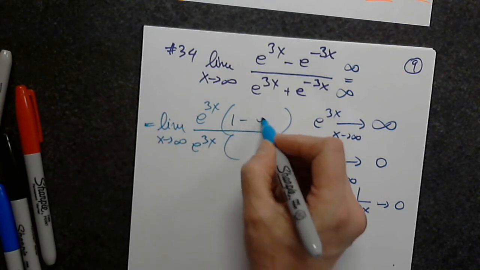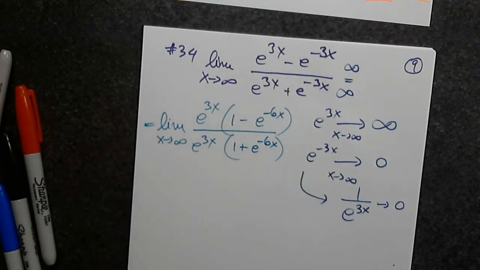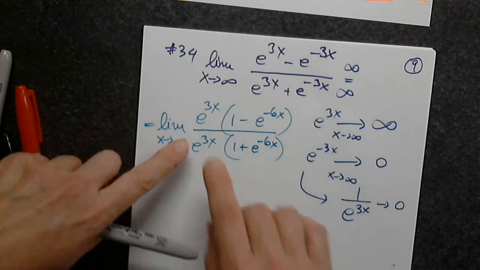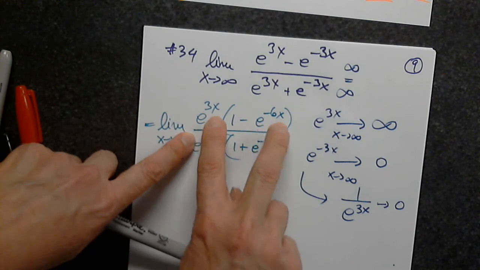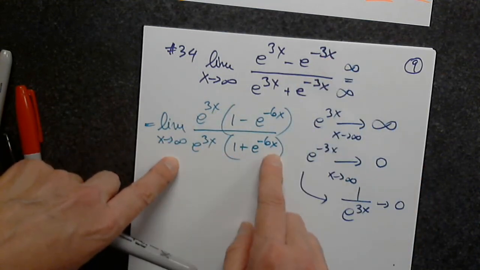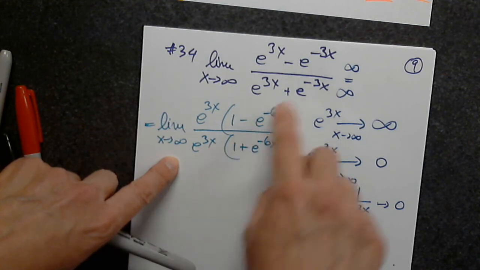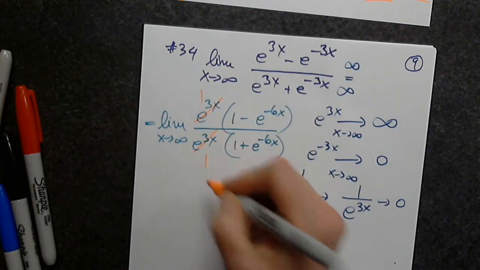Yes, 1 minus e to negative 6x. Easy to check. E to 3x times 1 is e to 3x. Copy the base, add the exponents, and get negative 3x. The same thing here. Copy the base, add the exponents, get e to negative 3x. And these are gone.